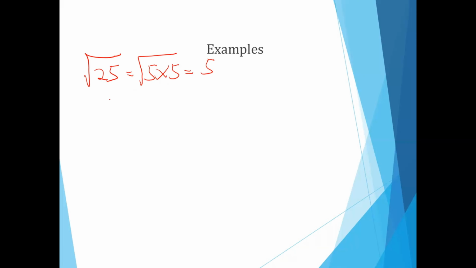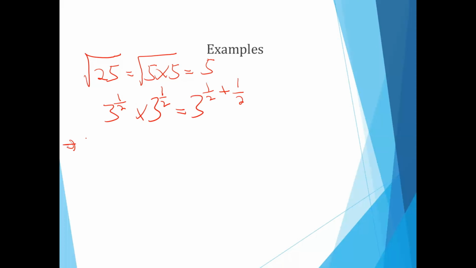Right. So we are going to use this concept to derive some notions. So we have 3 raised to the power half times 3 raised to the power half. And this will give us 3 raised to the power half plus half.